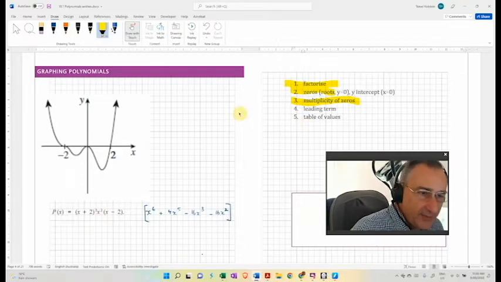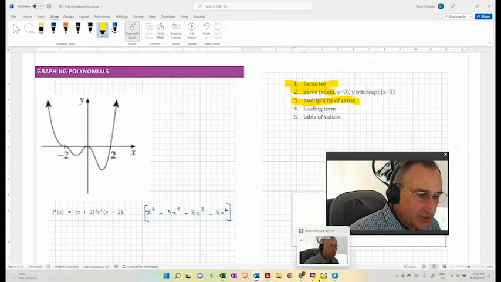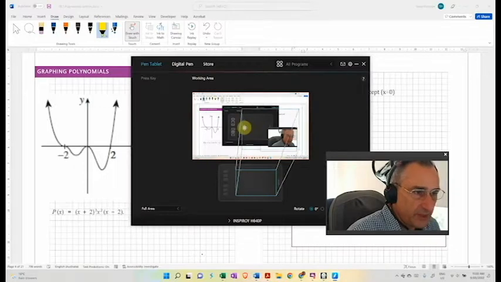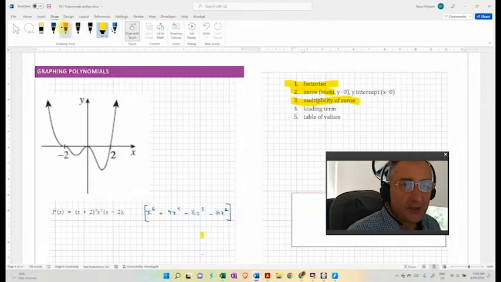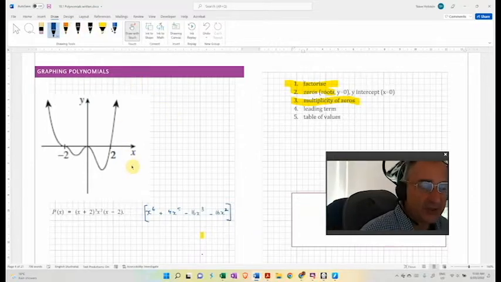If we think about, let's say, x cubed, and I'm just going to move my writing zone over. If we think about x cubed, you know the shape of x cubed because we've dealt with that before.